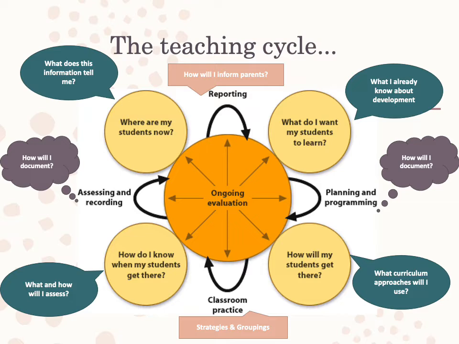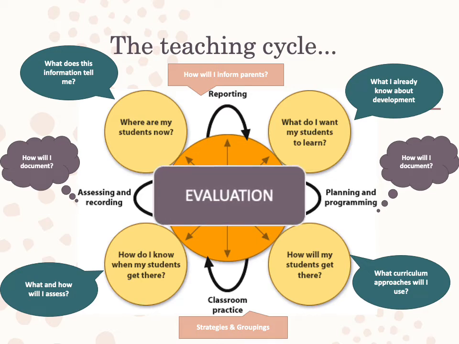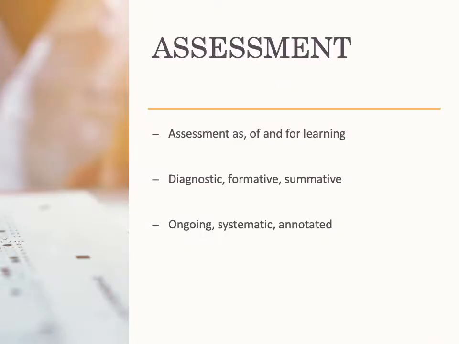So our teaching and learning cycle is very complex and we need to take it all into account. So when we're thinking about it, evaluation is at the core and it's how we make sure that we're reflecting appropriately.